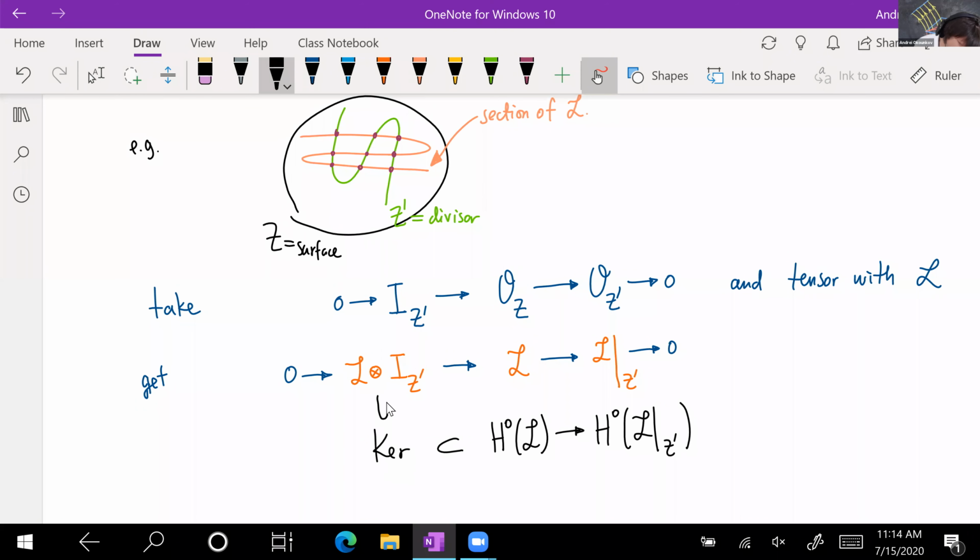It sits in here, and the co-kernel of the map sits by the long exact sequence in H1. Sorry, the kernel sits inside the global sections. So there's a kernel and co-kernel.